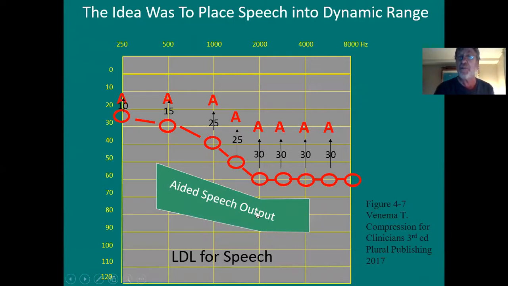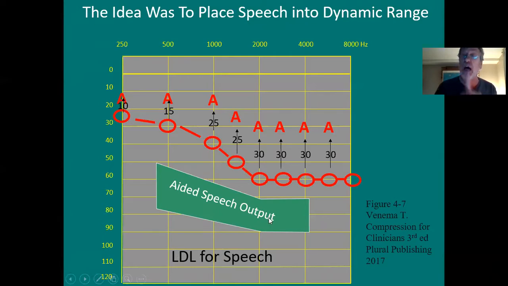See that? If I amplify, what's the input speech? Around 50 to 60 dBHL. So if I improve 50 to 60 dBHL, and if I add 15, 25, 30 to that, I'll be sitting right here. And look at that, aided speech is now sitting right in the middle of that guy's dynamic range, halfway between his floor and his loudness discomfort level. There it sits.